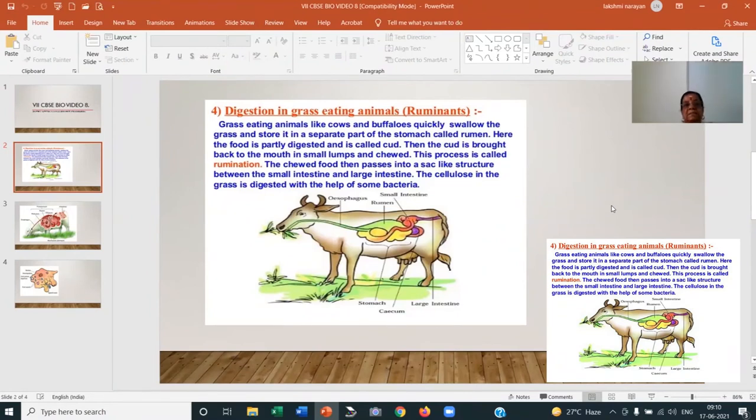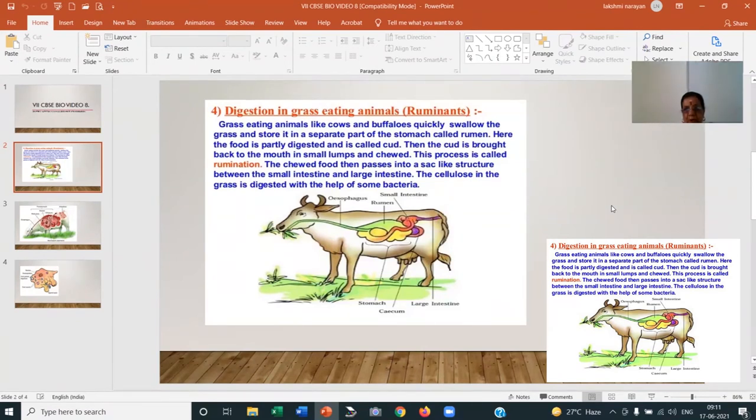Where I say grass-eating animals like cows and buffaloes quickly swallow the grass and store it in the separate part of the stomach called rumen. The cow rumen. Then the food is partly digested and is called cud. The partly digested food in the stomach is called cud.